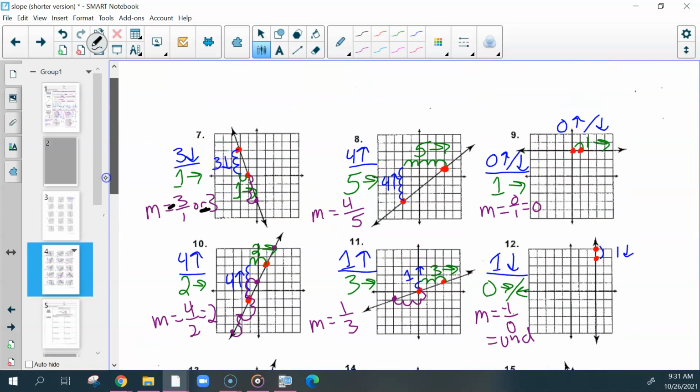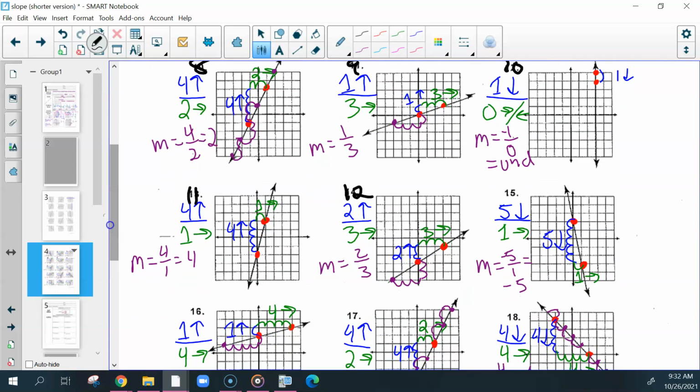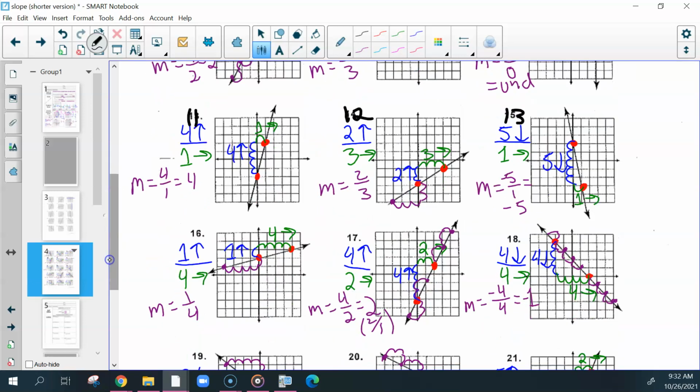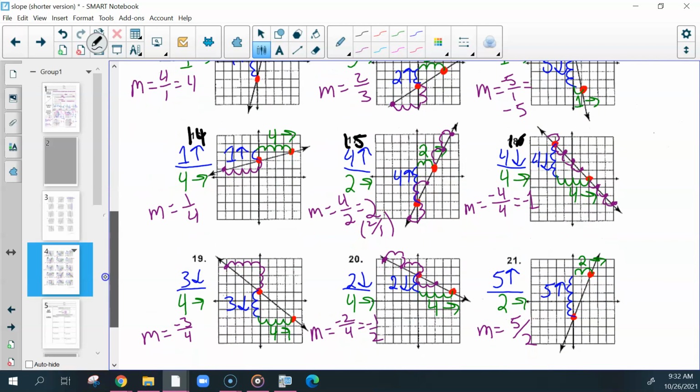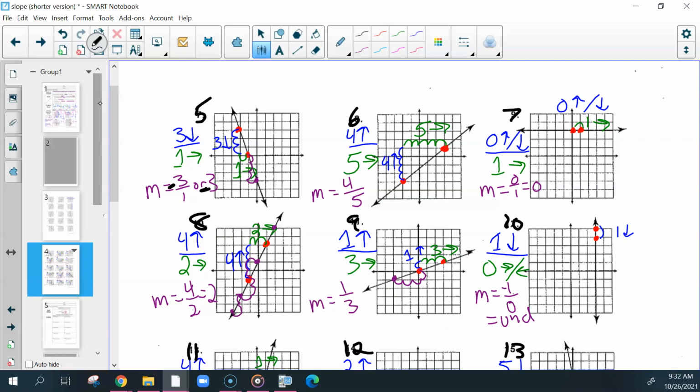So pretend that this was 5. Sometimes I change the numbers and forget that I changed the numbers. The number 9, it says it's 1 over 3. Mine says that. You said that's what? For us, it's 1 over 3. For number 9. Yes.